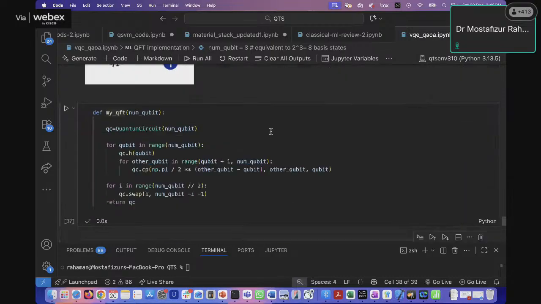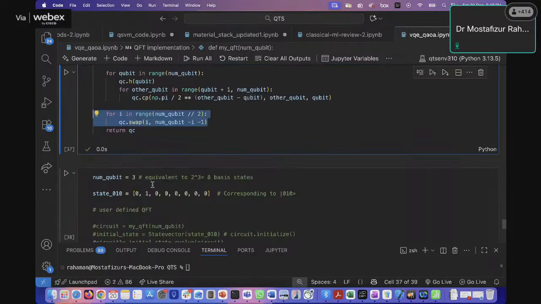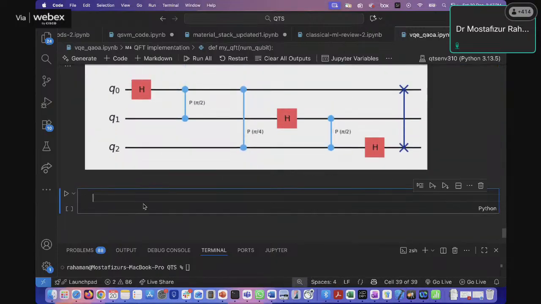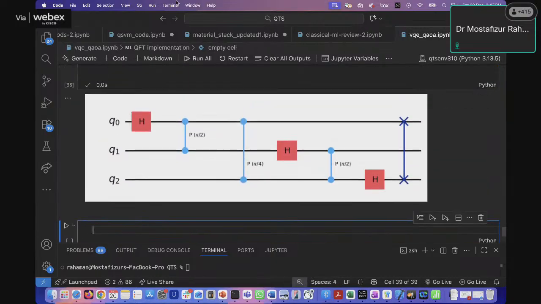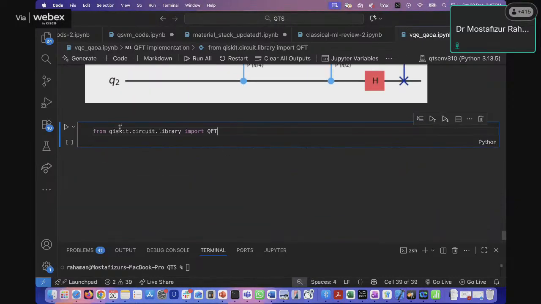So that's why this block of the equations is inserted in this particular QFT implementation, right? So this is just a direct implementation of what we are thinking. Similarly, you can call the QFT functions from Qiskit using this command, from qiskit.circuit.library import QFT, right?